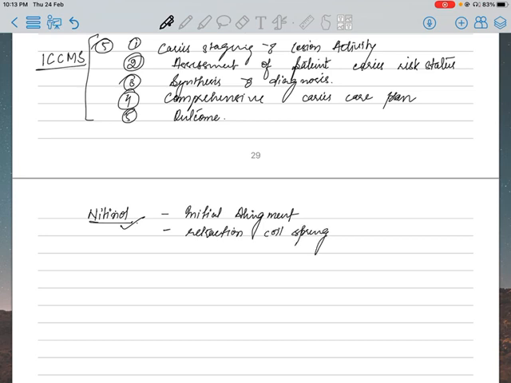It's also known as a smart wire because it comes back to its original shape.